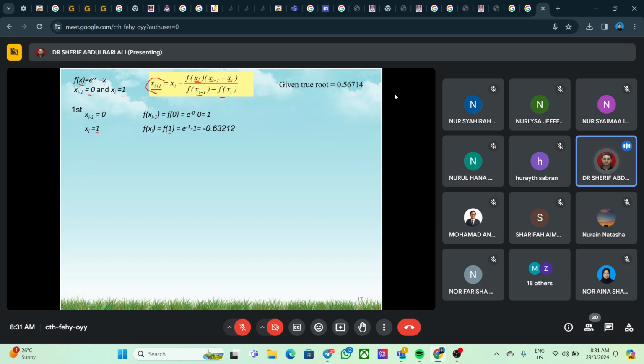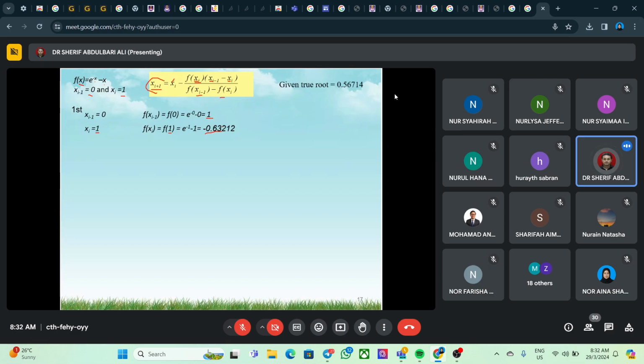Now I have all the values that I need to put inside this equation. I have the value of x, which is 1. I have the function of xi, which is negative 0.63. I have xi minus 1 minus x, which is 0 minus 1. I have the function of x minus 1, which is equal to 1.